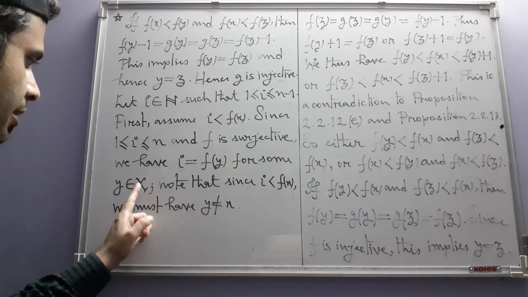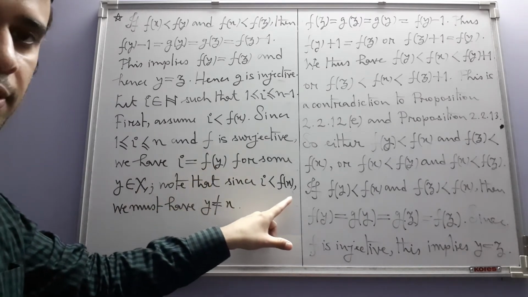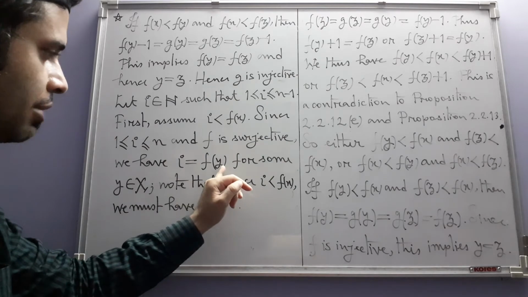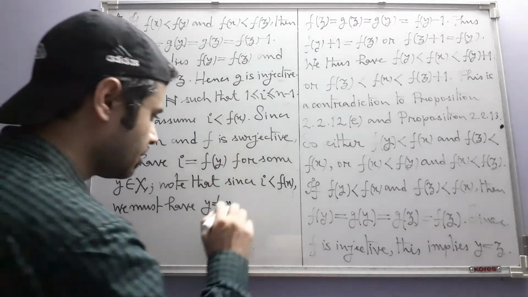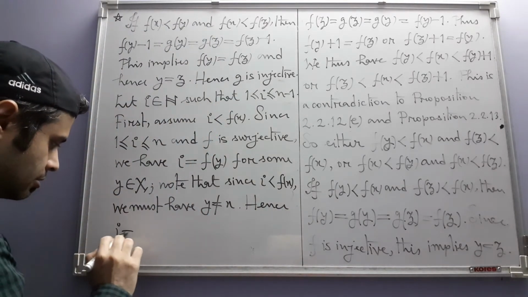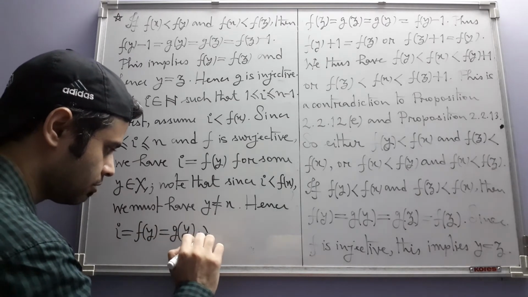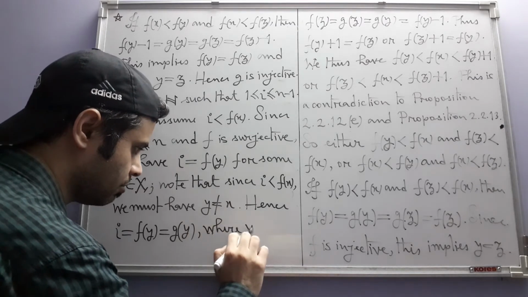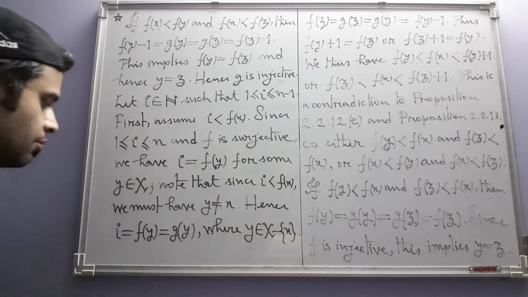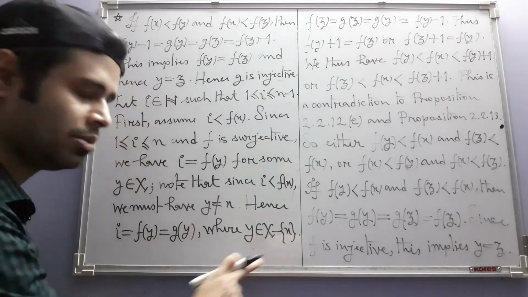Y is an element in x that is different from x such that f of y is less than fx. So from the definition of the function g, this f of y is actually equal to g of y. Hence I is equal to f of y is equal to g of y, where y belongs to x minus x.